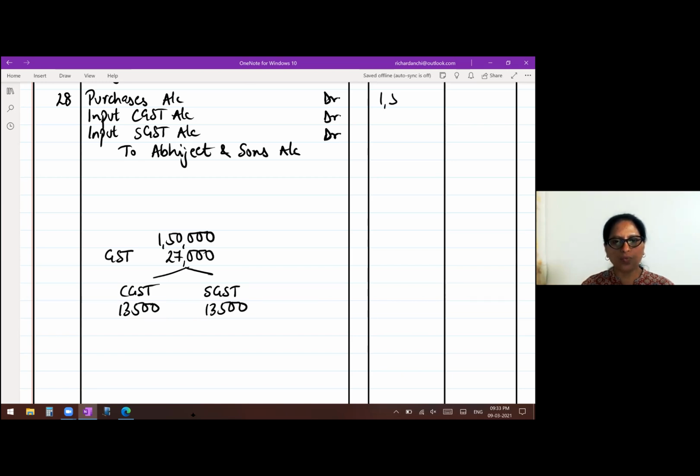Purchases account debit 1,50,000. Input CGST 13,500. SGST 13,500. To Abhijit and Sons account the total. So that is 1,77,000. Narration. Being goods purchased at 18% GST.